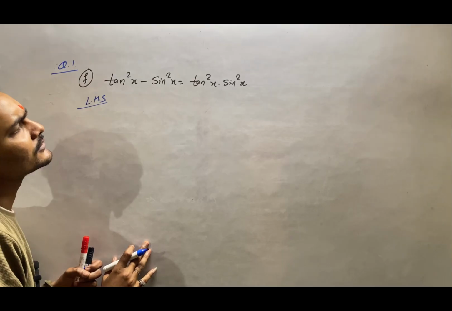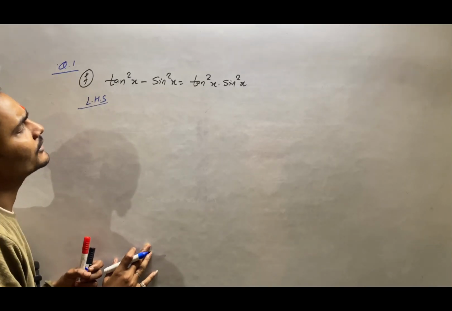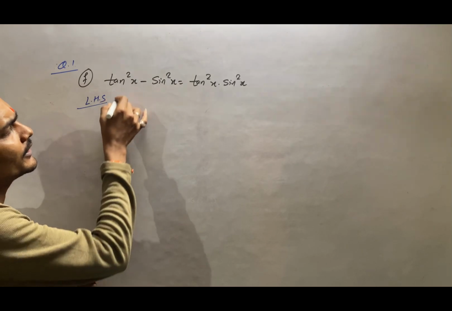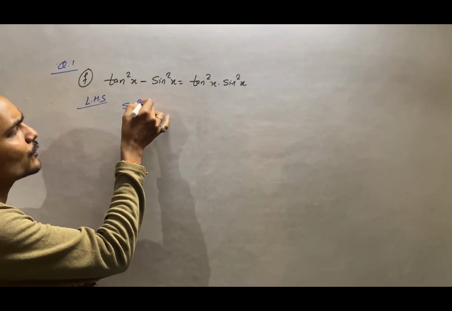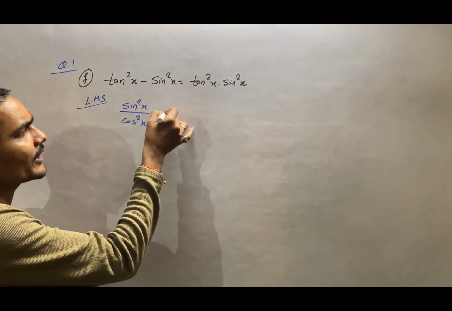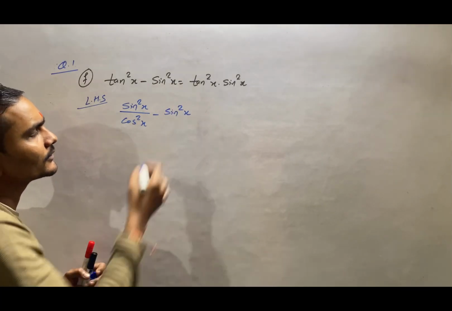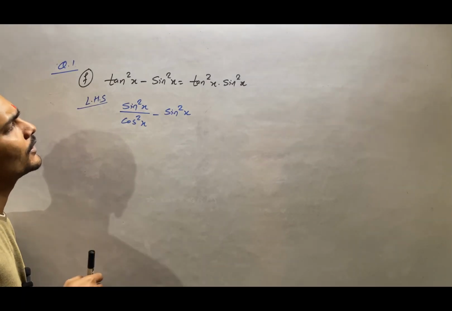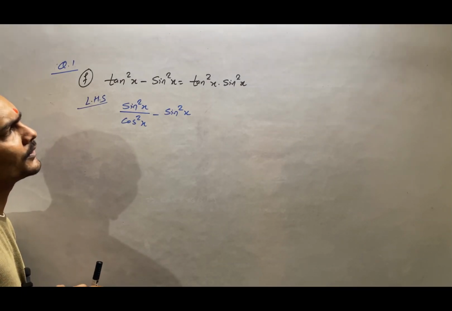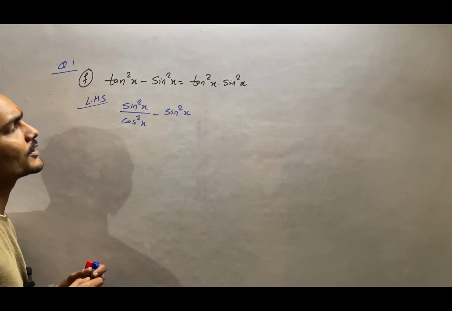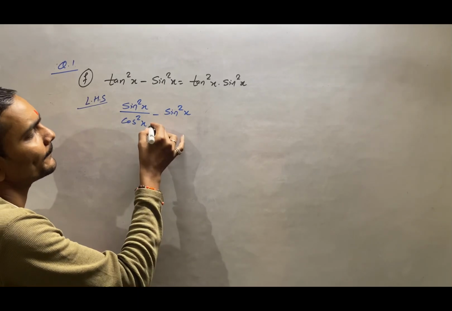Sine and tan we need, right? So sine over cos. So instead of tan, we can write sine square x over cos square x minus sine square x, right? Okay, let's cross multiply then.